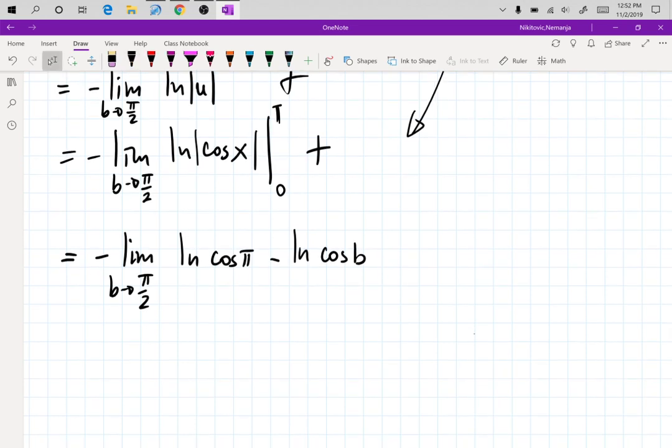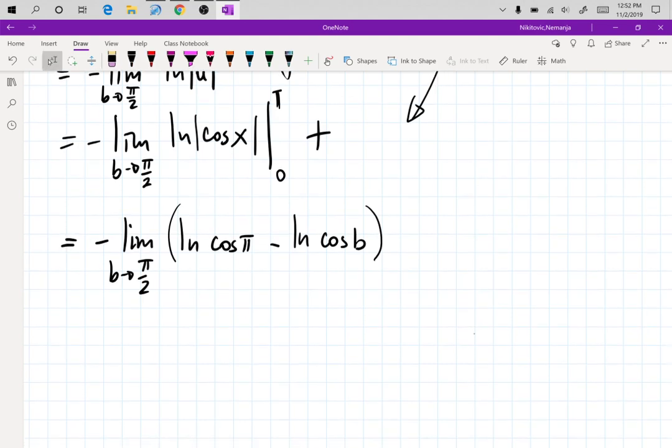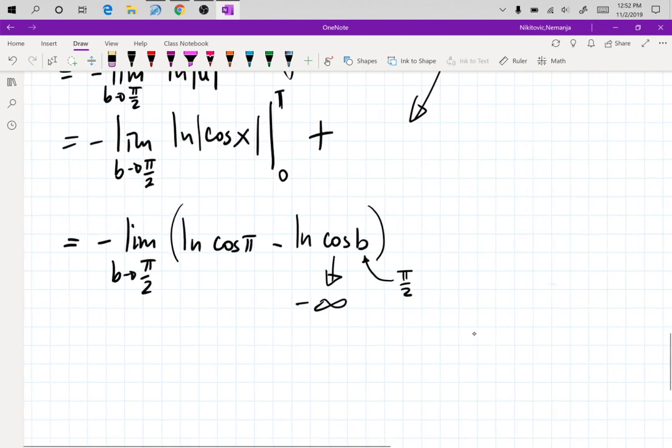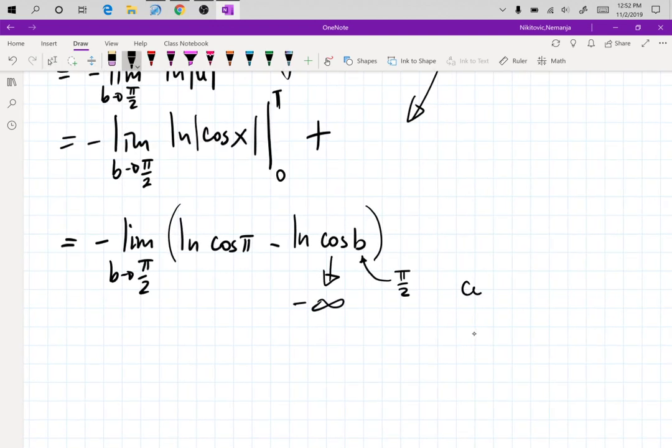And now here is the $1 million thing, guys. This one goes to negative infinity. Because when you plug in pi over 2 for b, cosine of pi over 2 is 0, and then ln of 0 is negative infinity.